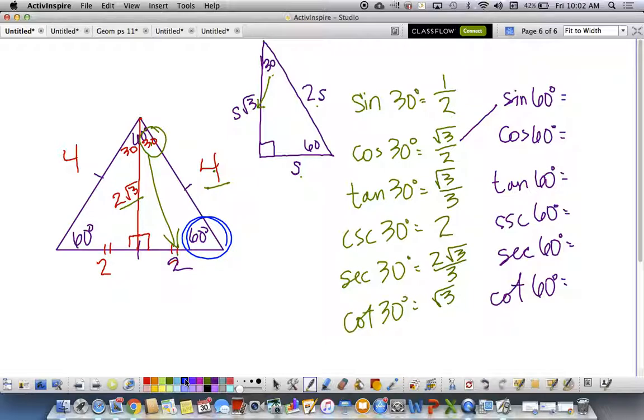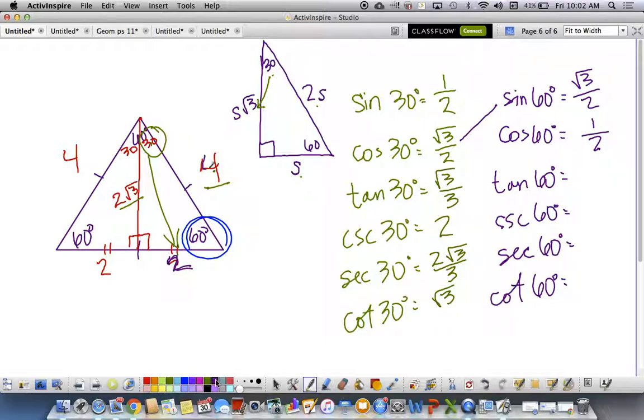Sine 60 is opposite over hypotenuse. Does it equal the square root of 3 over 2 when you're looking at a triangle? What's cosine 60?